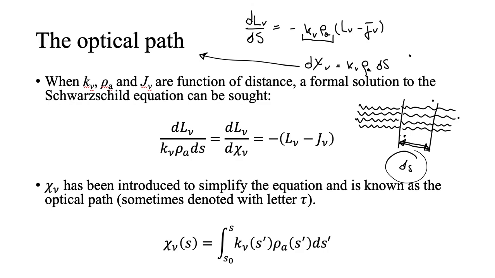And that is precisely what the optical path measures. The actual physical path is ds, but the so-called optical path is zero in that case. And that's why the optical path depends on the extinction coefficient and the density.